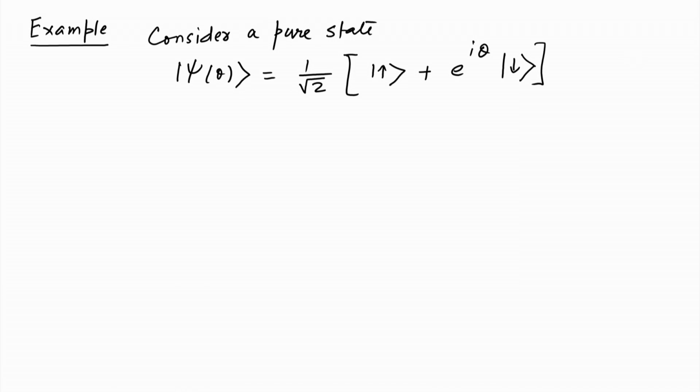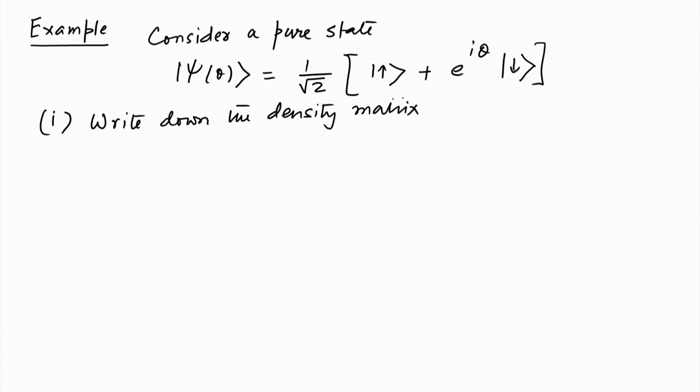So, the first question is: write down the density matrix as a 2 by 2 matrix.